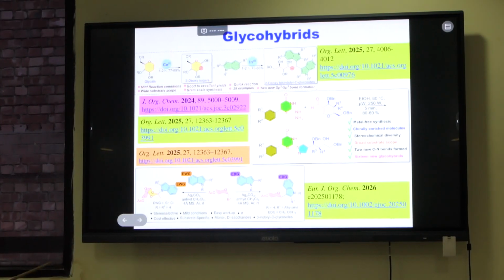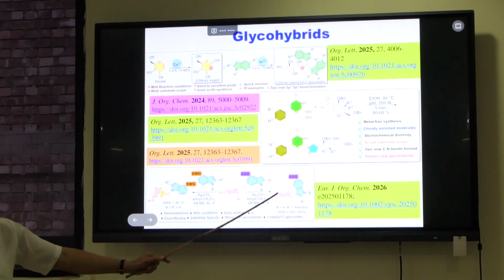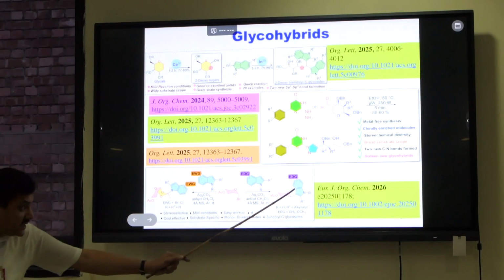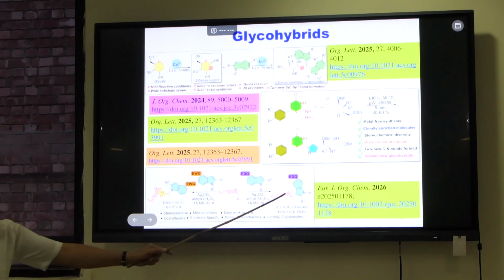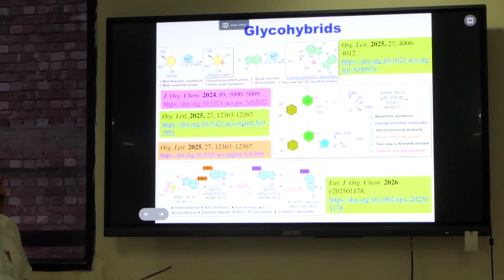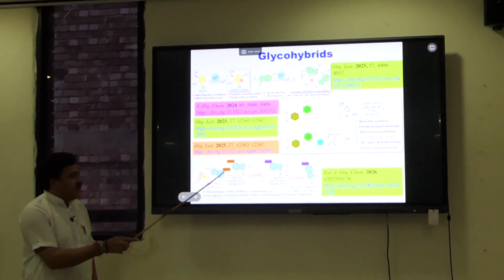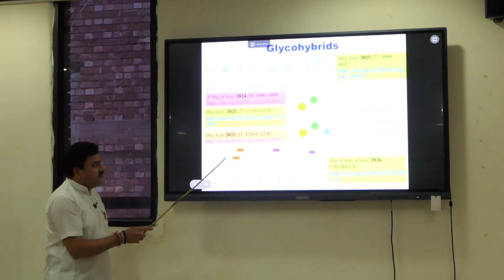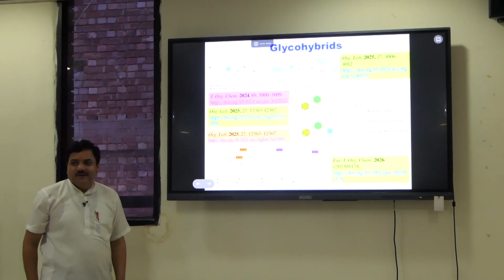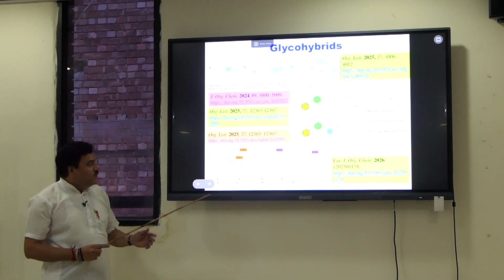If you see structurally, this one is a glycoside because it is connected at the anomeric position. But if you see this structure versus this structure, what is the difference? The difference is in the yellow part. ये तो इसमें भी है, the red one here also, and this is here also, but the yellow part is not here, isn't it? So there is a lot of chemistry here.